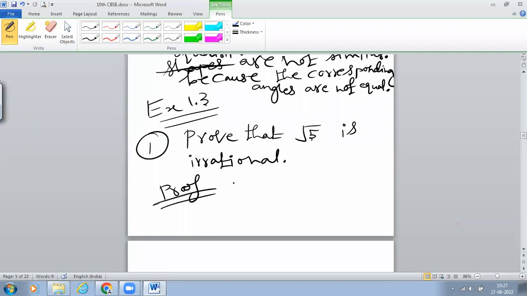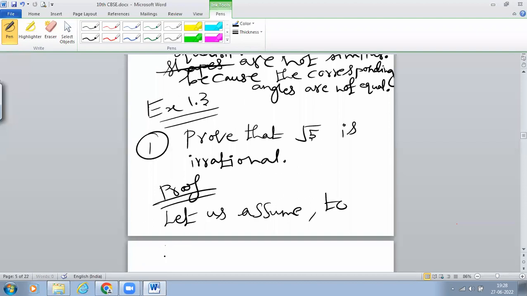First step: our aim is to prove that root 5 is irrational, but we are going to assume that root 5 is rational. Then we are going to proceed. So all of you write the first step side by side. Let us assume to the contrary.